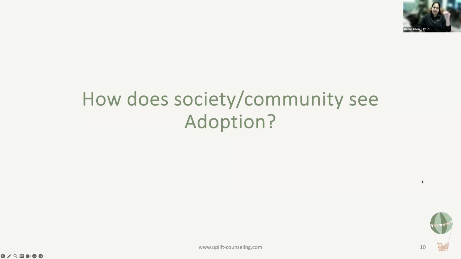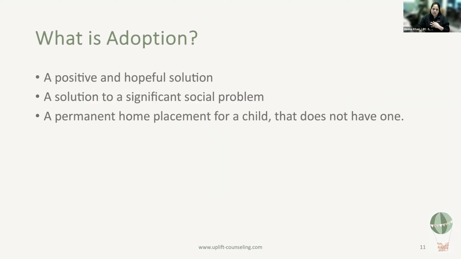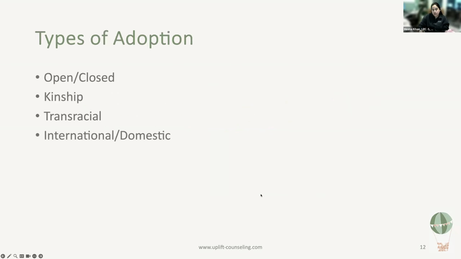And I think in these various different narratives, like we were even talking about this morning in the keynote, we need to remind ourselves and have these conversations in the community. We see adoption as this positive, hopeful solution. We see it as a solution to a significant problem, a permanent placement for a child, right? It's a solution to something that is a problem.